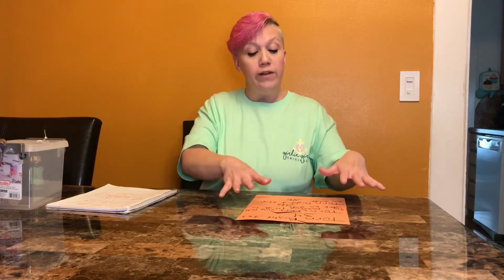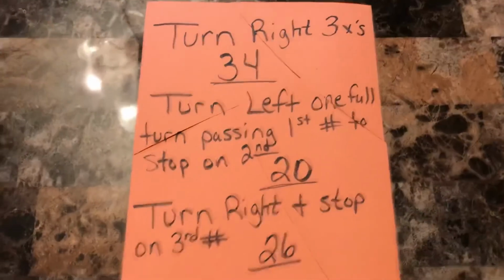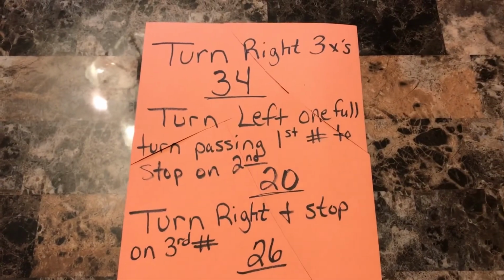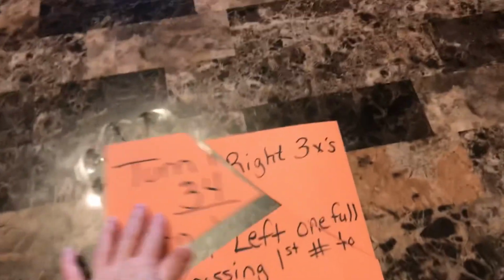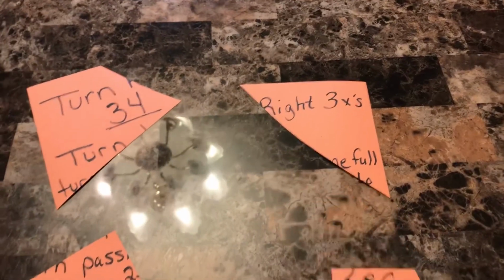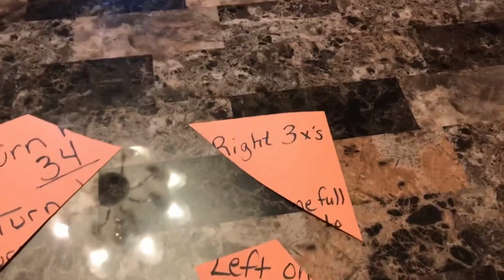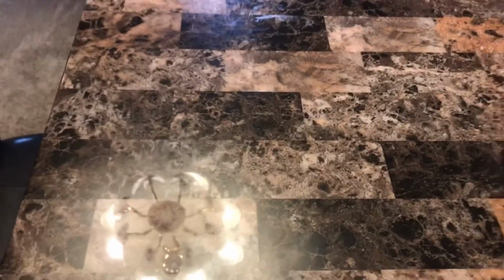And I wrote everything down, and then I cut it into 4 different pieces. So that gives us 4 items that we are going to be hiding that they have to find to solve the combination.